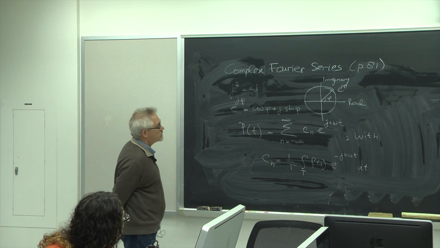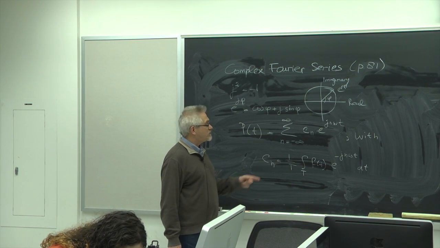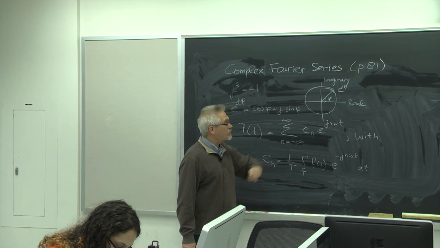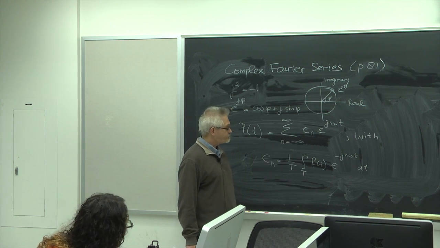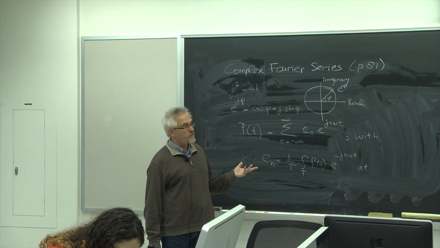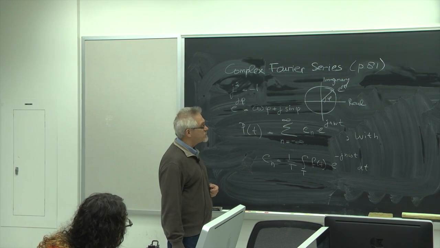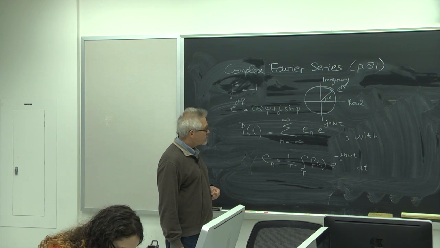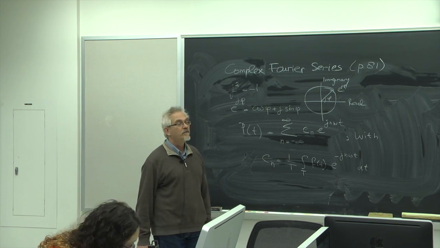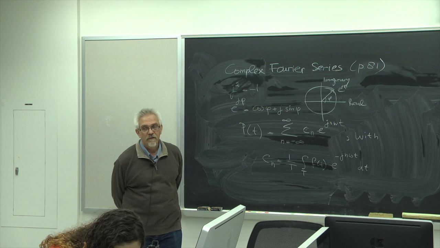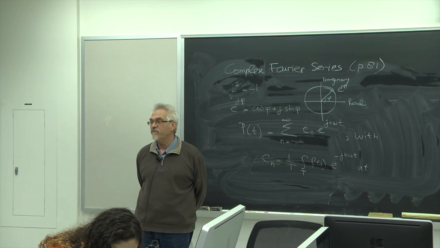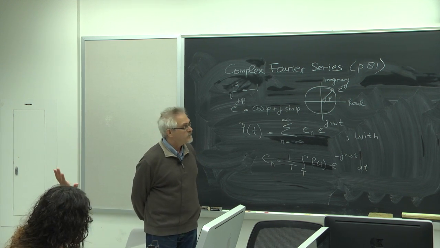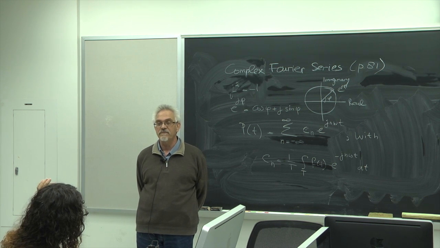It is also a series of terms. In this case, they are terms with coefficients c instead of a and b. And then instead of cosines and sines, we have an exponential. And then just as we had an expression for determining a and b coefficients in the real series, we have an expression to determine the coefficients in this complex series as well, and this is the expression. Now you may be surprised, but this is just a different notation of exactly the same thing. So it's just a real Fourier series with a different notation, and we're going to look at that.